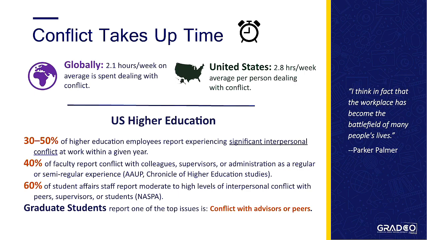And 60% of student affairs staff who manage the life outside of class report moderate to high levels of interpersonal conflict with peers, supervisors, or students. So it is a problem across the higher ed environment.